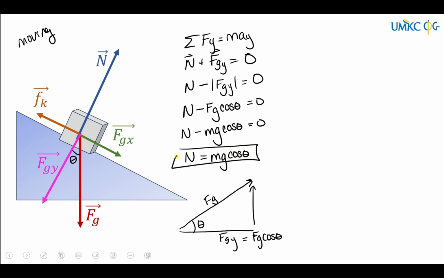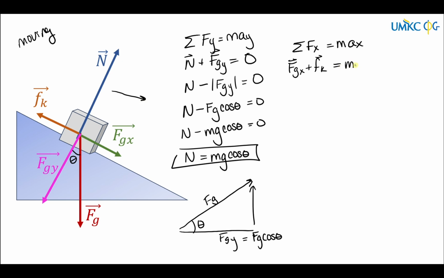So what about the x direction? My summation of forces in the x direction has to be equal to mass times acceleration in the x direction. I have two forces in the x direction: this force of gravity in the x direction, and this kinetic friction force. I know that this kinetic friction force is pointing in the negative x direction because the relative motion of this object is going to be in the positive x direction.